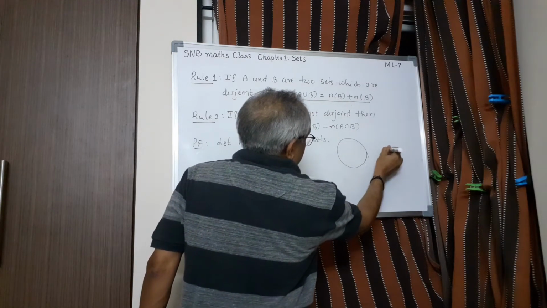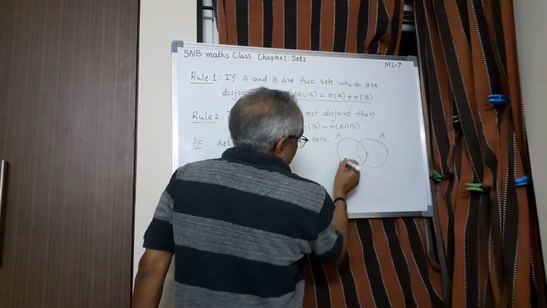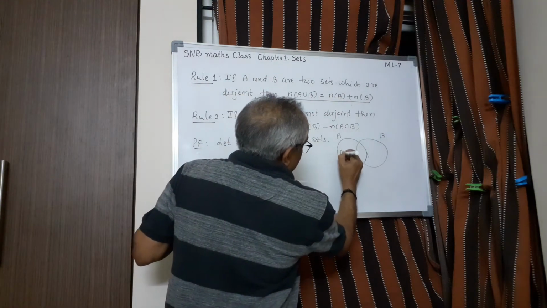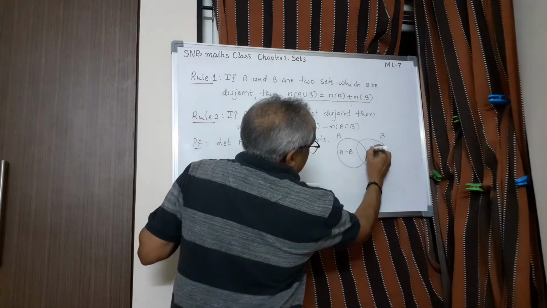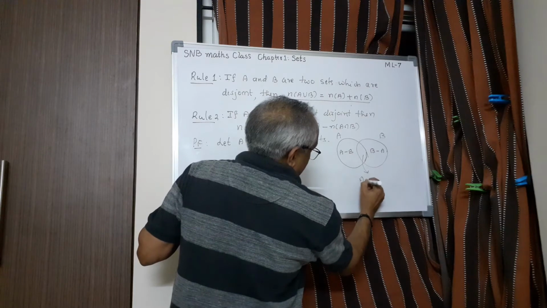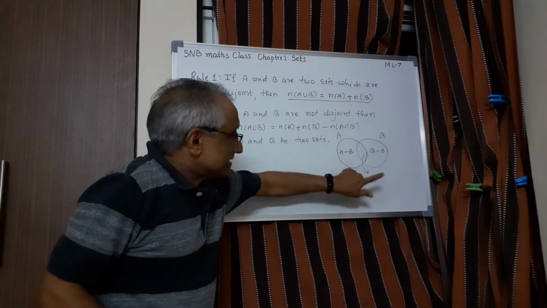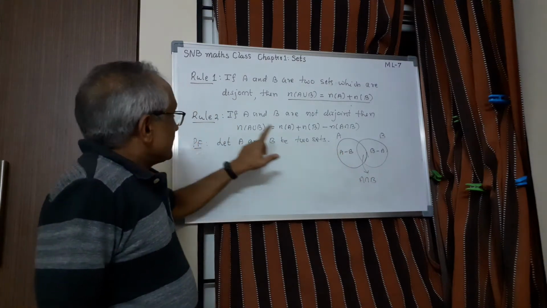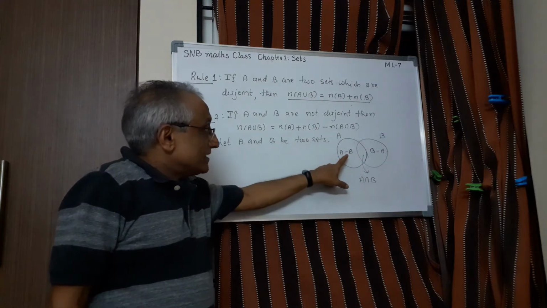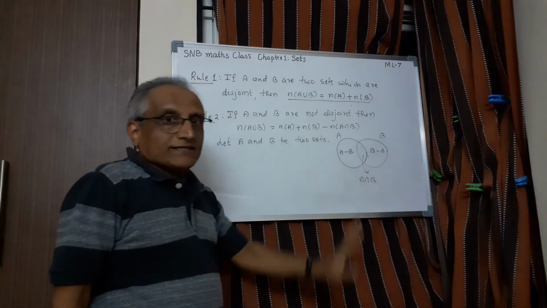So this is A, this is B. We have already seen this area is A minus B, this is B minus A, and this common part is A intersection B. And in one of the previous lessons, I gave you the relation that A union B is equal to the union of three sets: A minus B, A intersection B, and B minus A.